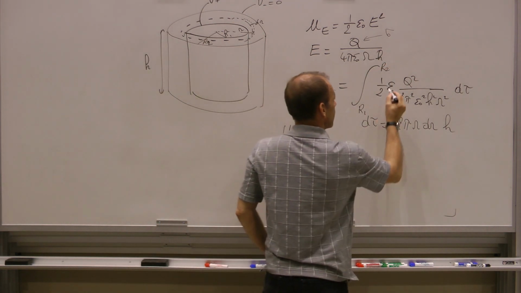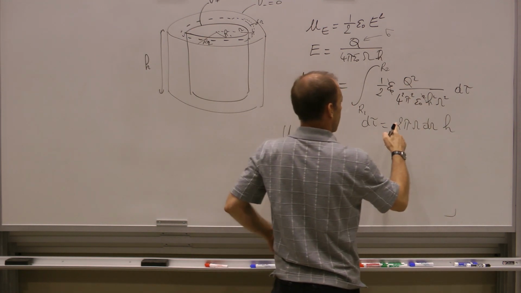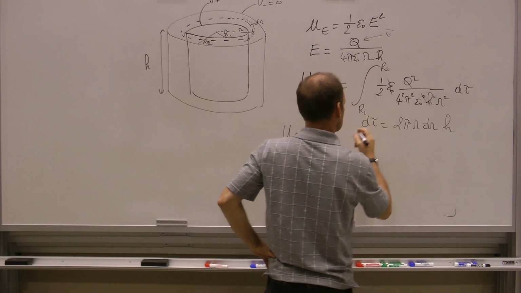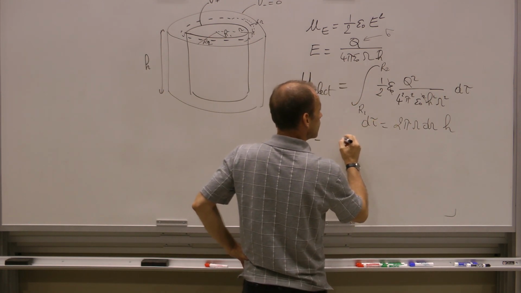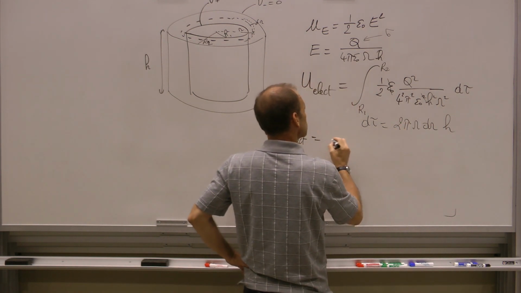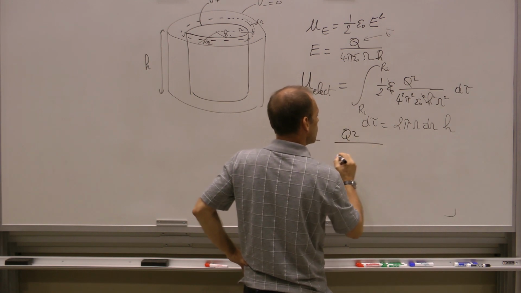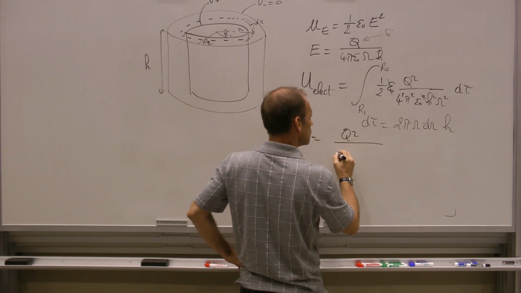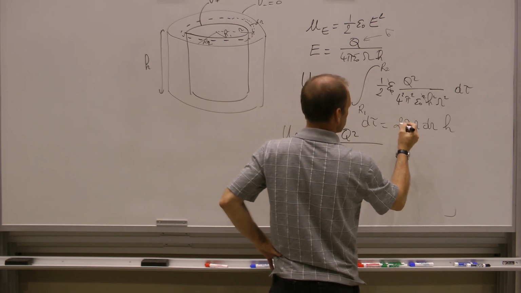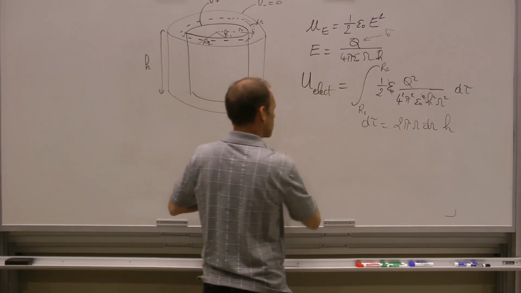So what do we have? We have 1 epsilon 0 that cancels out. We're going to have a pi that will cancel out. So I have to be careful. Let's do Q squared over... let me do this.